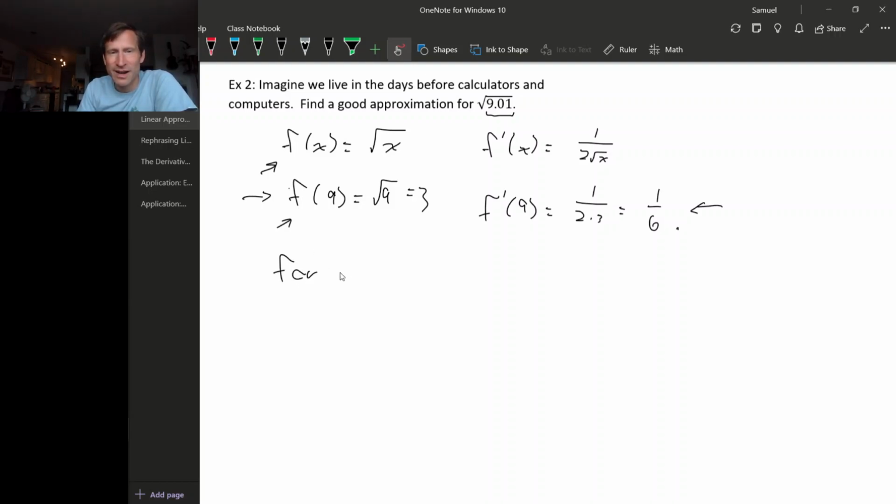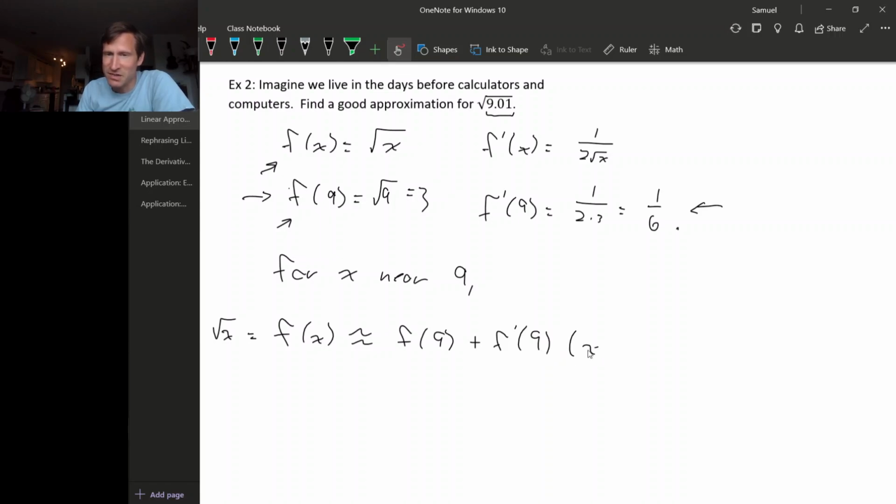So for x values near 9, our function, the square root function, is approximately f of the base point, f of 9, plus f prime of 9 times x minus 9. So f of 9, that's 3, plus 1 over 6 times x minus 9.